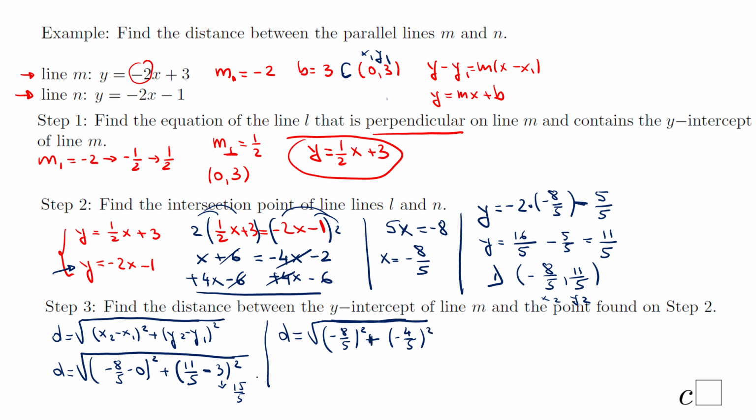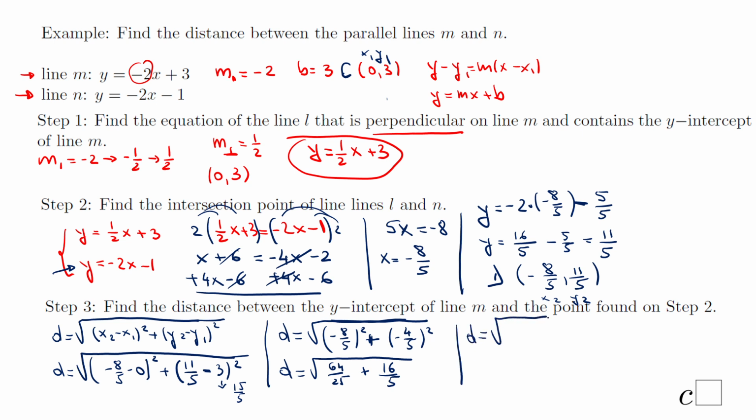Okay, so a couple more steps. D equals square root of, if we square negative 8 over 5, that will be 64 over 25. And the other one, it's a negative, but squared becomes a positive 16 over 25. So one more step.